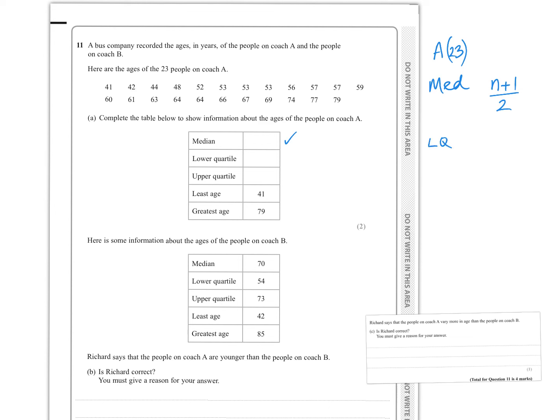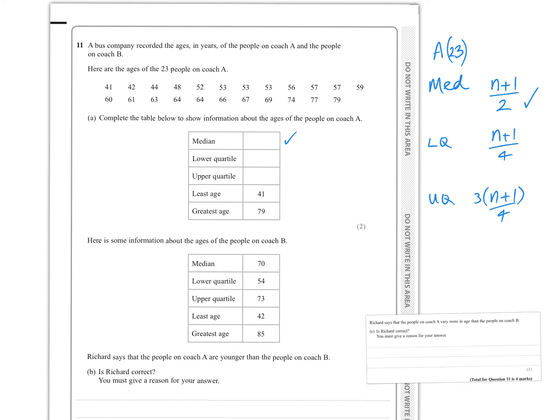The lower quartile, I just halve that, so I have n plus 1 over 4. And the upper quartile would be n plus 1 over 4, but 3 lots of it, because it would be 3/4 of the way. So if you think about it in obvious terms for the median, if you had 23 objects put in order, which these are, you'd have 11 on one side, 11 on the other, which is 22, and you'd have 1 in the middle, which would be the 12th one. And you'd get that here.